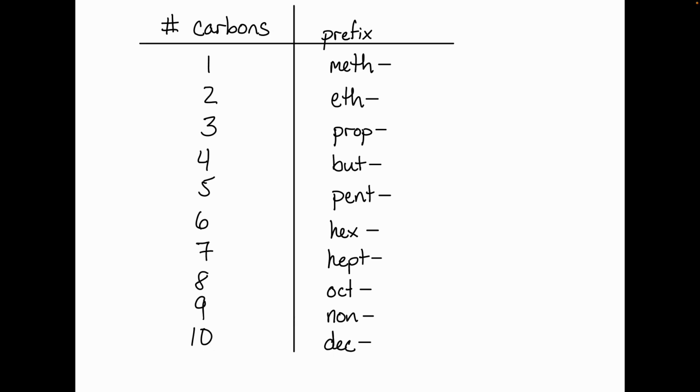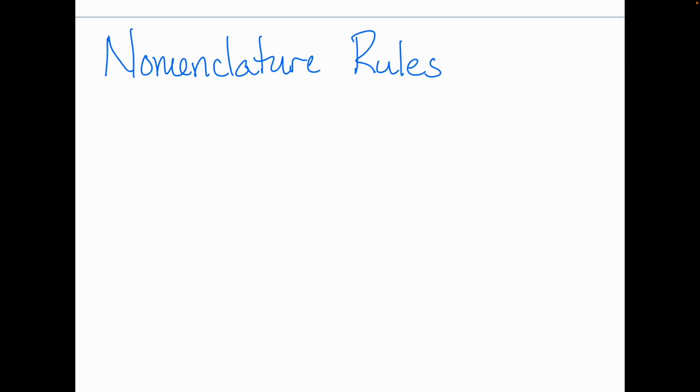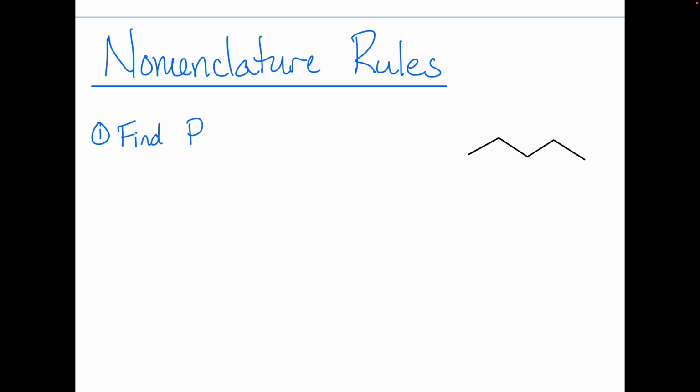Okay. So now we're going to talk about our nomenclature rules. Whenever we go to name a compound, we always apply these same 4 steps. All right, let's get an example going on the side here. Okay. Step 1 is we need to find our parent chain.